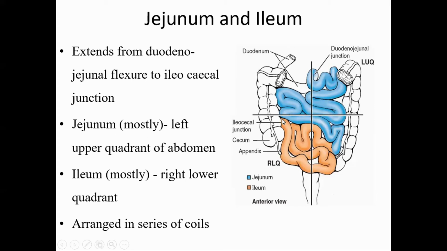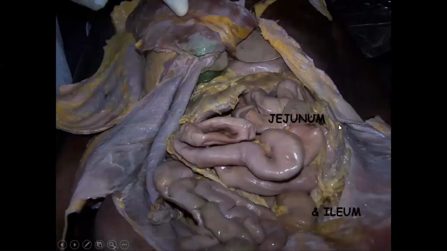The jejunum occupies mostly the left upper quadrant of the abdomen, and the ileum occupies the lower right quadrant. Their surface anatomy is in the umbilical region; the small intestine is mainly present in the umbilical region of the anterior abdominal wall. See, in the cadaver, it looks like this.